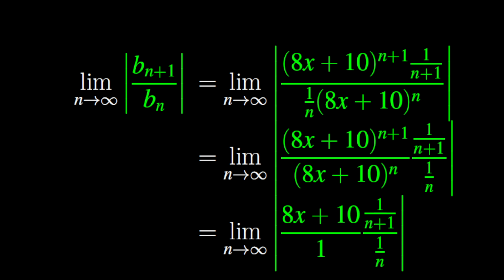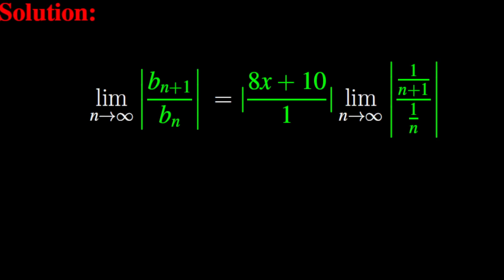This is the same as the limit as n goes to infinity of the absolute value of the fraction (8x + 10) over 1 times the fraction 1 over n+1 over 1 over n. We can pull the quantity (8x + 10) out of the limit expression because it does not depend on n. Thus, we only need to compute the limit as n goes to infinity of the fraction 1 over n+1 over 1 over n.